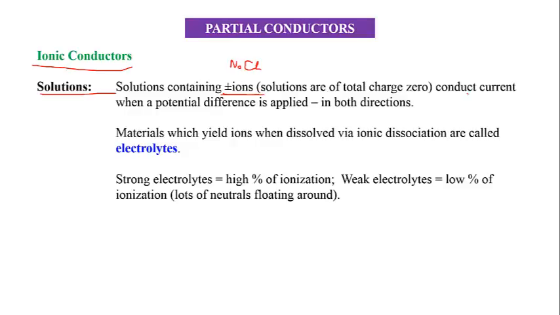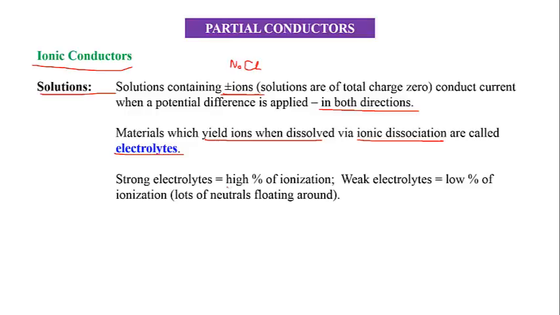So when you put a voltage across the liquid, the water, for example, you'll have conductivity in both directions. Typically you have electrodes that are dipped into the solution, one with a plus and a minus, and so you'll get current through the motion of those ions in both directions. So materials which yield ions when dissolved, for example in water, this occurs by dissociation into ions, and this is called an electrolyte if this is readily the possibility.